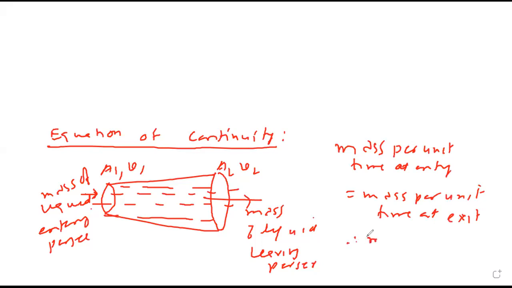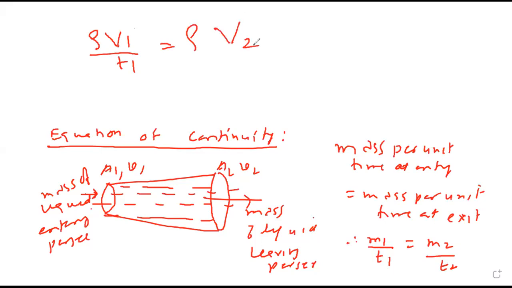Therefore, mass entering per second, I take M1 by t, and this is M2 by t. Density is same, volume will keep on changing. So this is density into volume at entry upon time, density into volume at exit upon time.